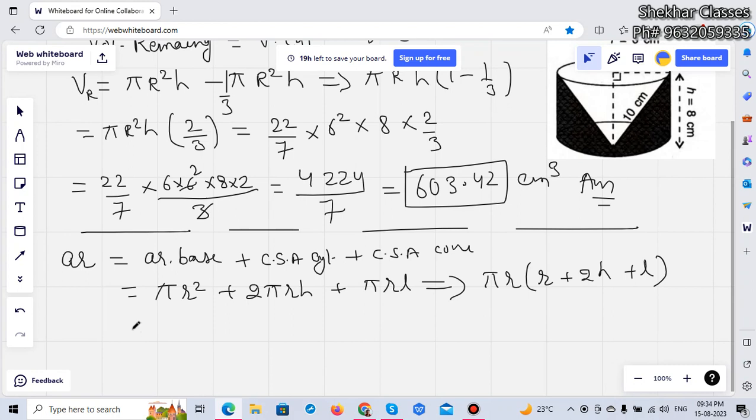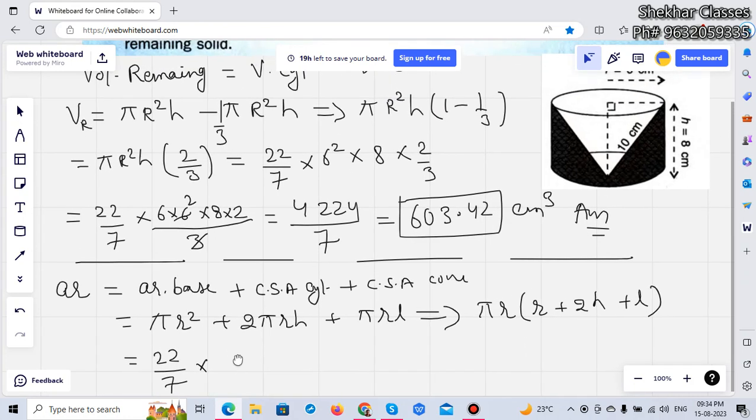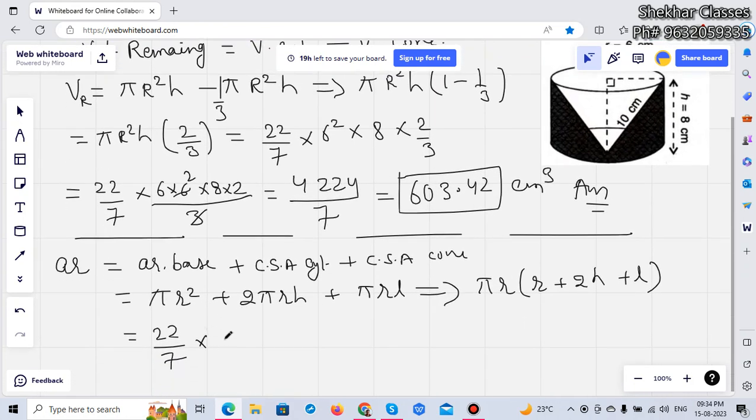Put the values here. So 22 upon 7 into 6, with the bracket: r is 6 plus height 8 centimeter, so 2 into 8, plus l.